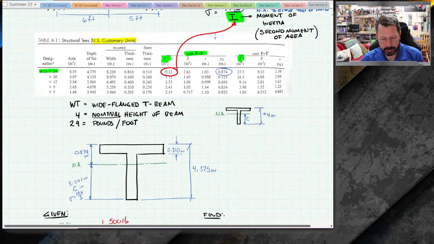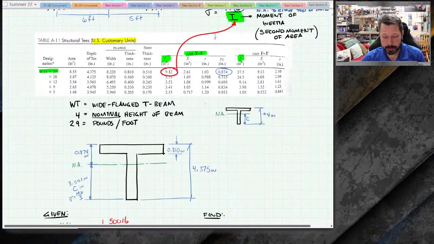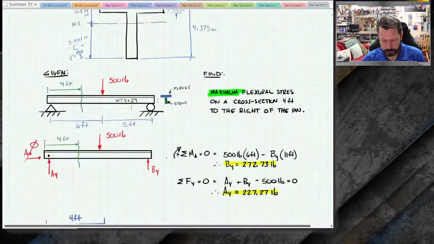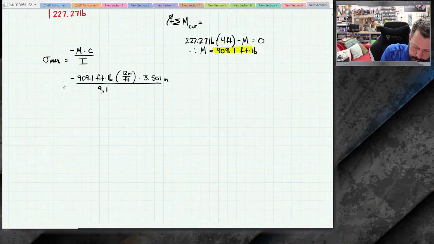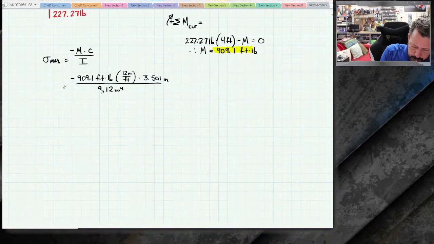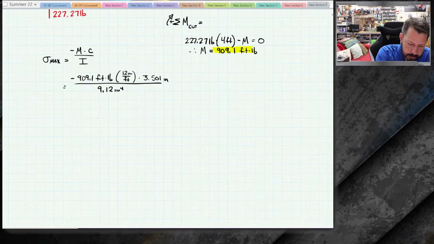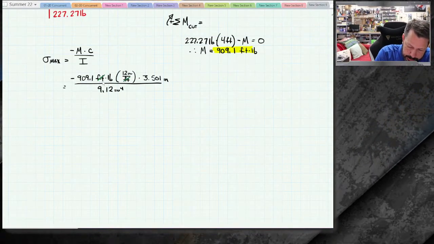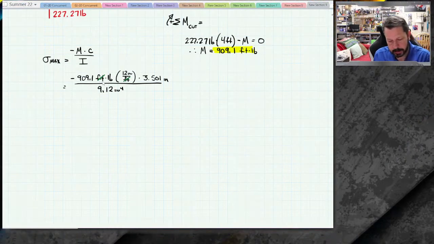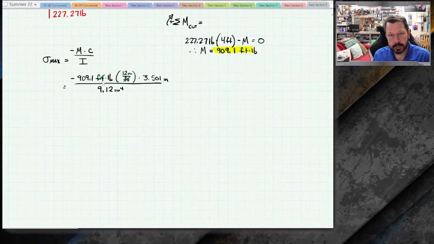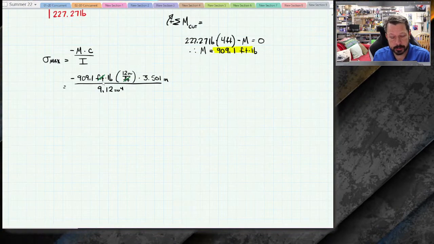And so the I, moment of inertia for that particular beam, is 9.12 inches to the fourth. So when I work these units out, the feet cancel out. I have inches squared pounds in the numerator, inches to the fourth in the denominator. So I'll have pounds per square inch, which is psi.